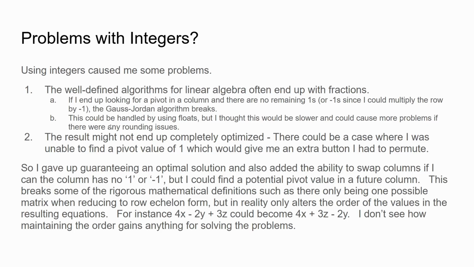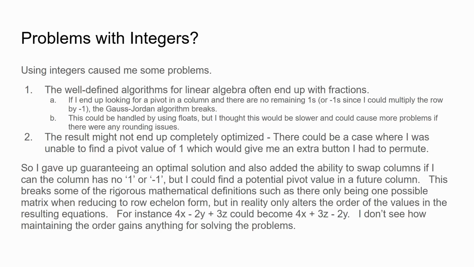It could be handled by using floats. I thought it'd be slower and there might be rounding issues. And so if I have to skip a value that's not 1 or -1 for a pivot, it might not be completely optimized. I might end up with more variable buttons I have to permute and fewer dependent buttons.